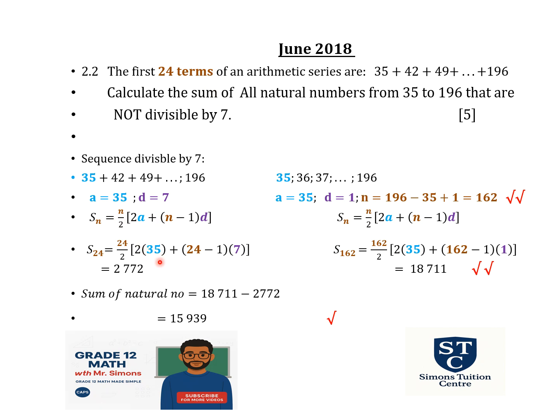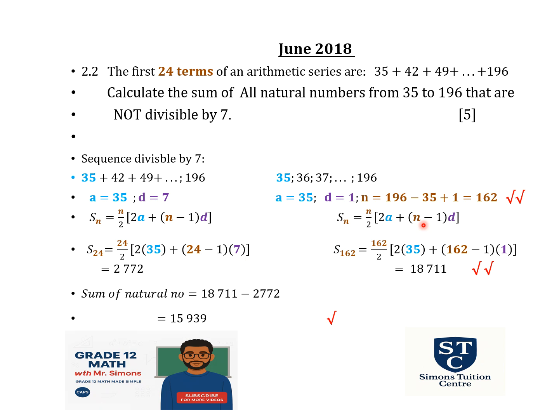So A is 35, n is 24, d is 7. 24 over 2, 2 times 35 plus 23 times 7, gives me 2,772. So all the terms divisible by 7 add up to 2,772.